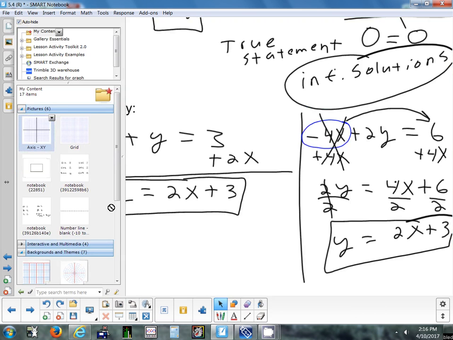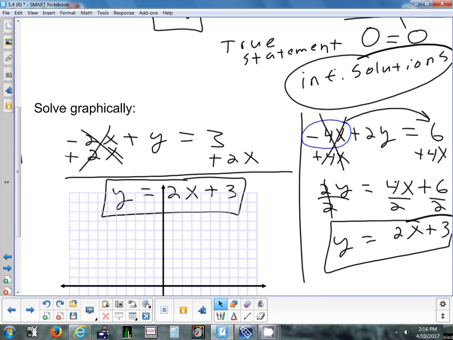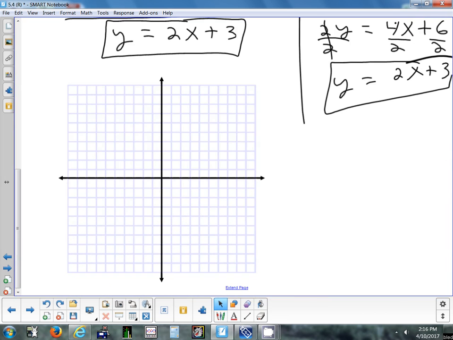All right, even though we already know it's infinite solutions, they said to graph it, so we still have to graph it. Maggie, can you tell me how to graph this one? What's the first thing we do to graph?